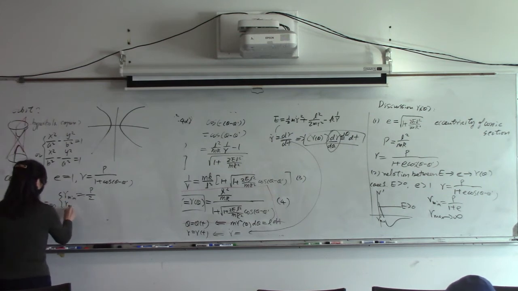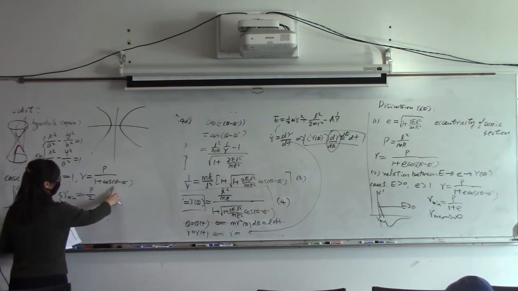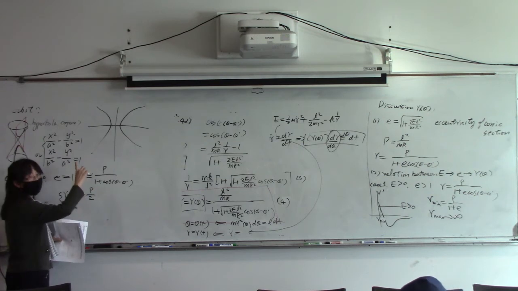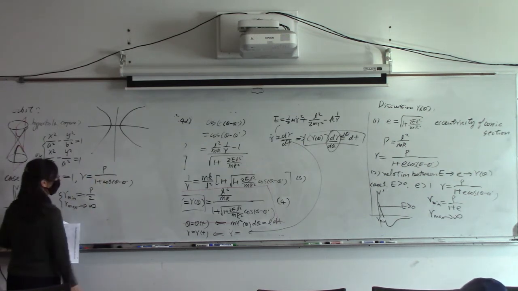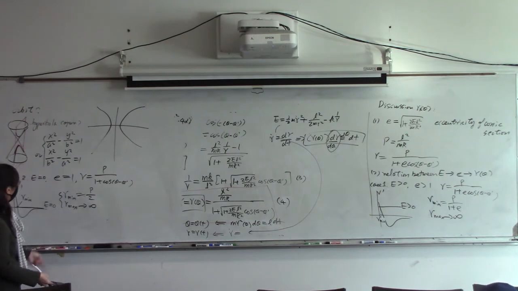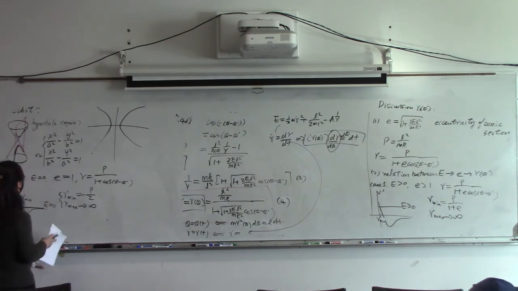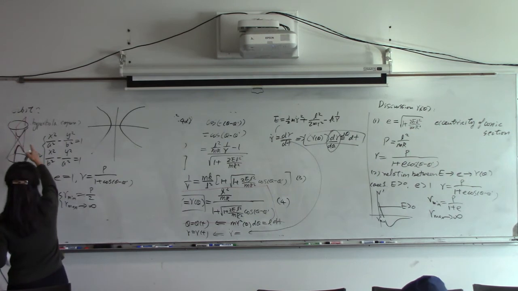What is R maximum? Again, when cosine theta minus theta prime is equal to negative 1, that is pi, that also goes to infinity. So the picture is still open.